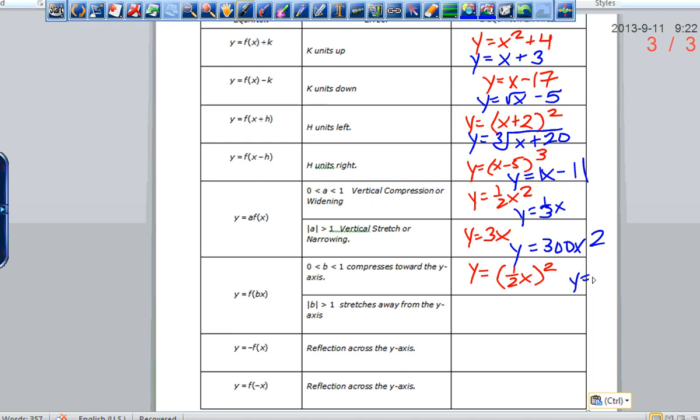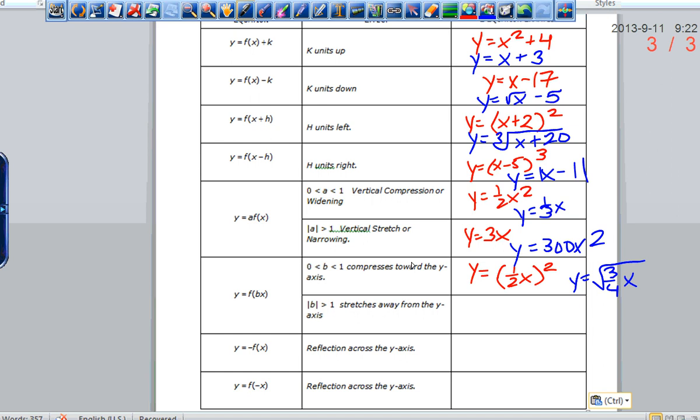What's another one? Y equals square root of 1. Give me another fraction. 3/4. 3/4 x.